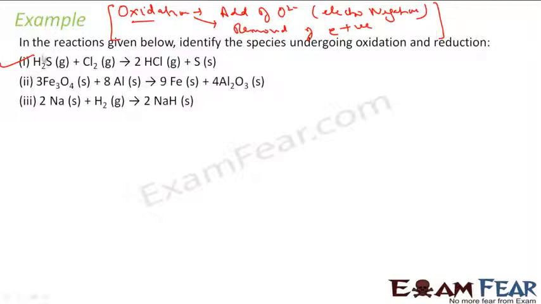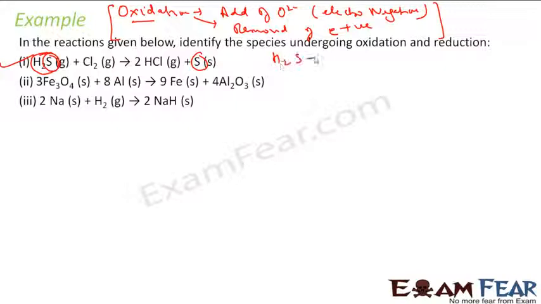So let's start with this. In this case, H2S plus Cl2 gives 2HCl and S. So what happened to H2S? It became S. So if you see here, hydrogen is removed. Hydrogen is what? Hydrogen is electropositive element. So if hydrogen is removed, that means this guy got oxidized.